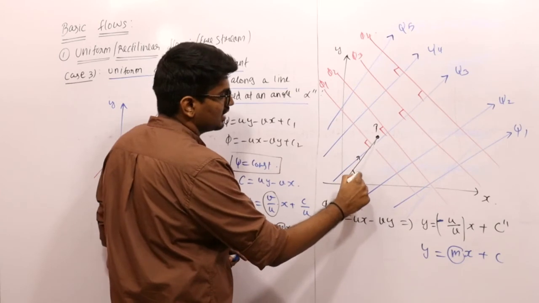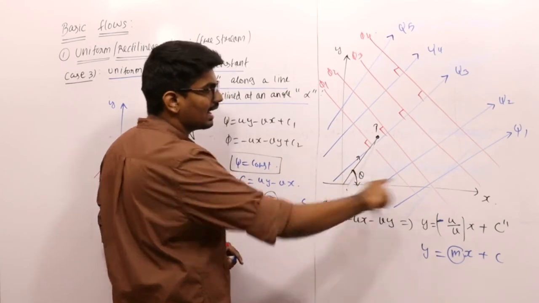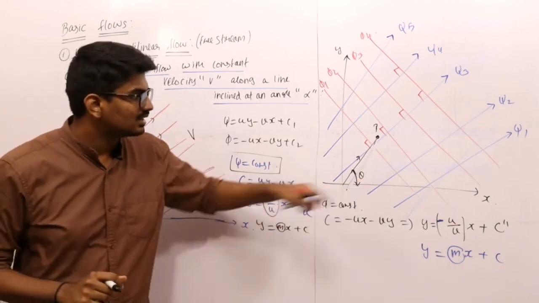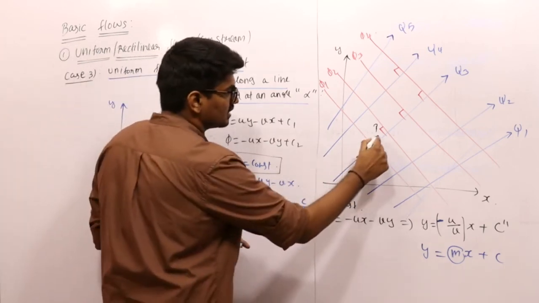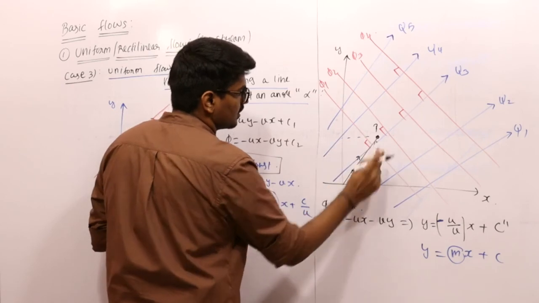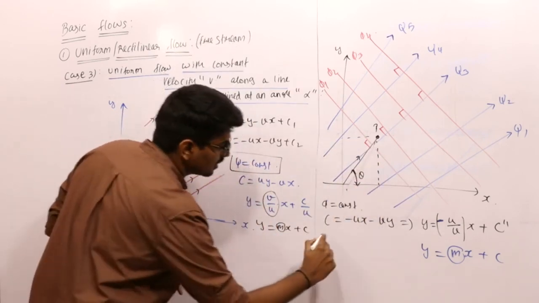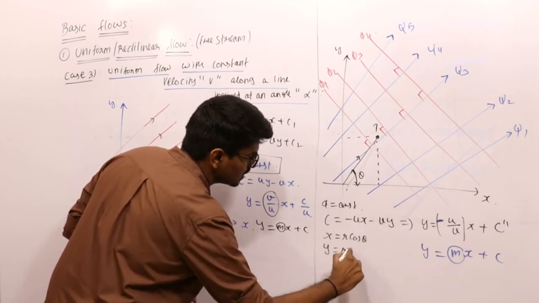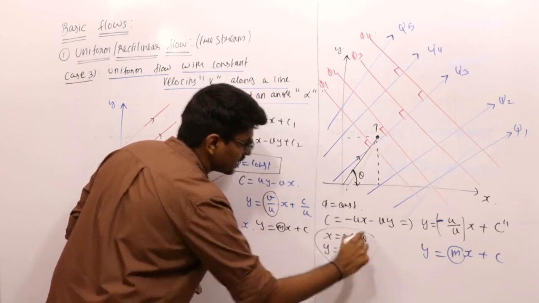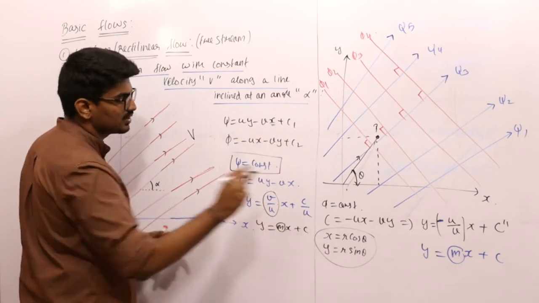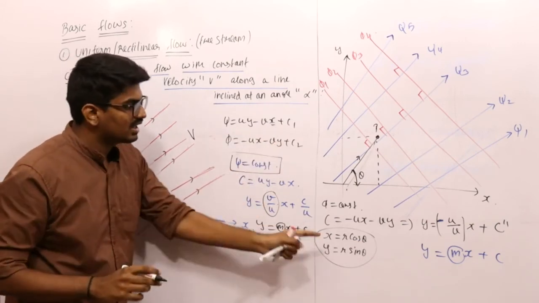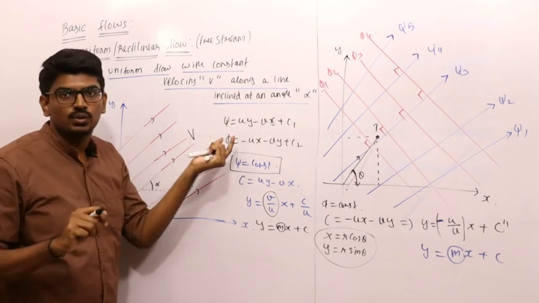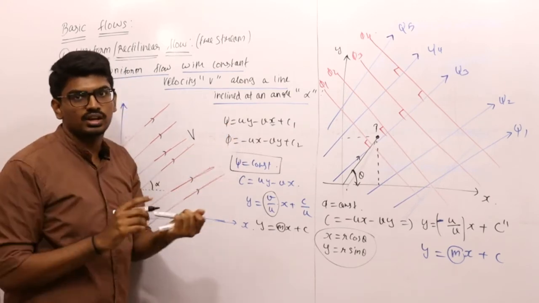The angle between position vector and x-axis is theta. If I project it in x-axis, x will be equal to r cos theta and y will be equal to r sin theta. So wherever x is there, substitute r cos theta. Wherever y is there, substitute r sin theta. I will get psi in terms of polar coordinate. Similarly, phi in terms of polar coordinate.